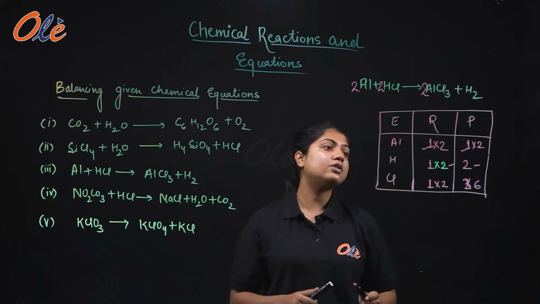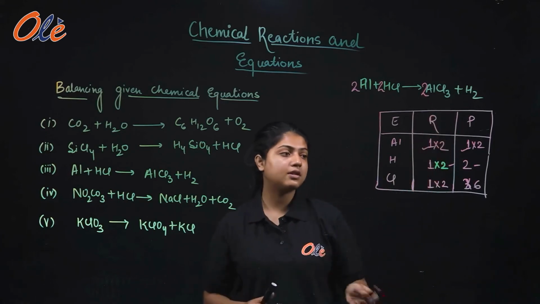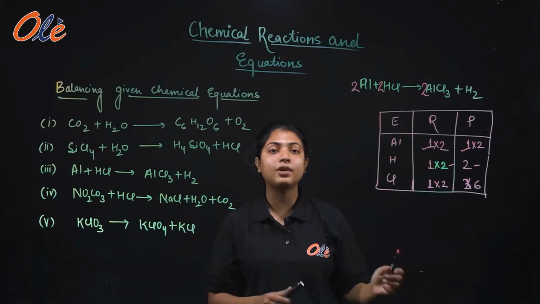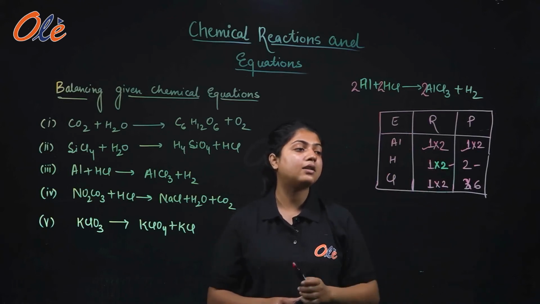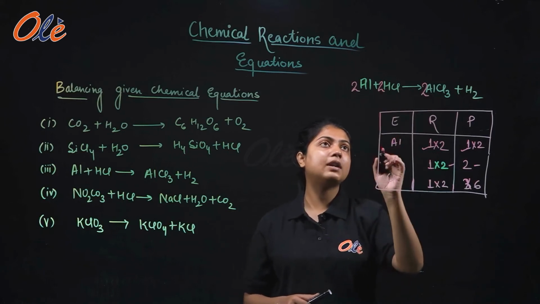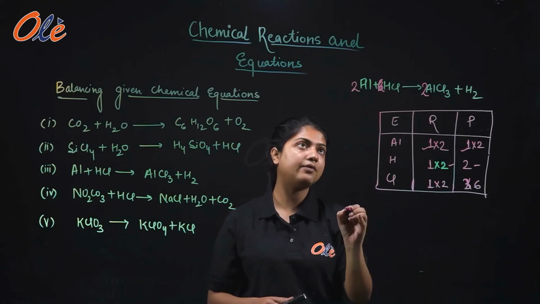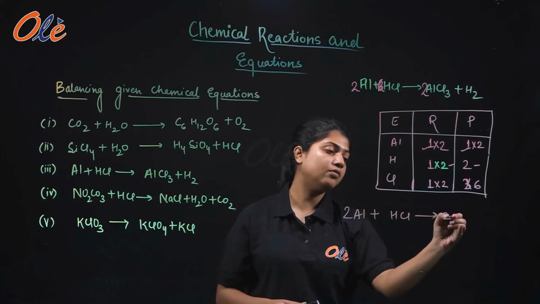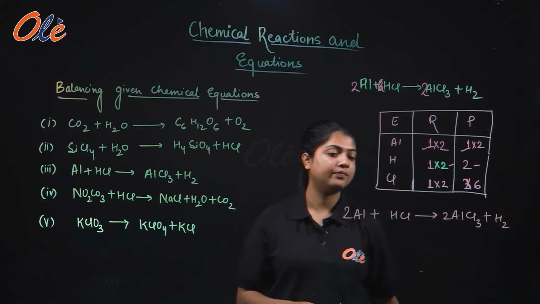Now for chlorine atoms, let us first discuss. For chlorine atoms, 2 into 3. On the product side, number of chlorine atoms is 6, and on the reactant side, number of chlorine atoms is 2. So what if instead of multiplying this by 2, we multiply this by 6? Let me write this again for you. 2Al plus HCl gives out 2AlCl3 plus H2, right?